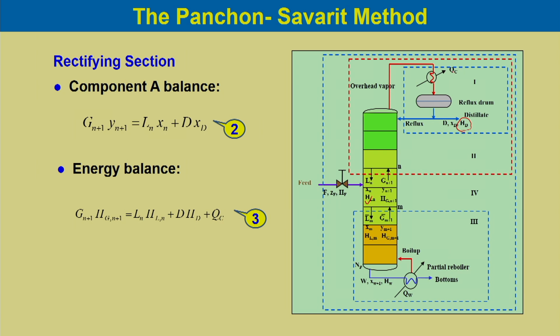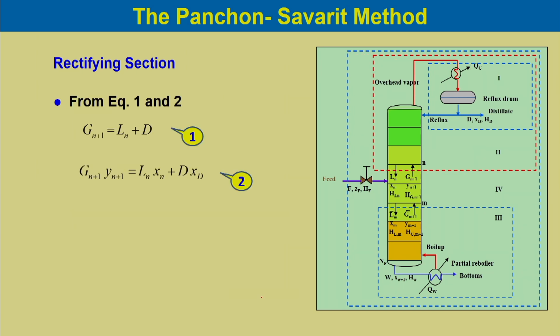Because of condensation of the vapor at the top tray, we remove heat, say Qc, for the condensation of the vapor. So, Qc is over here.